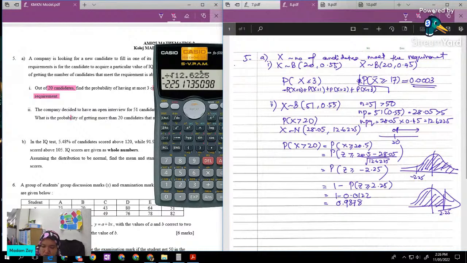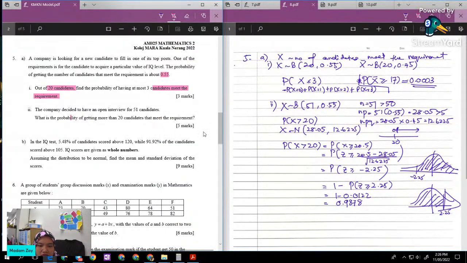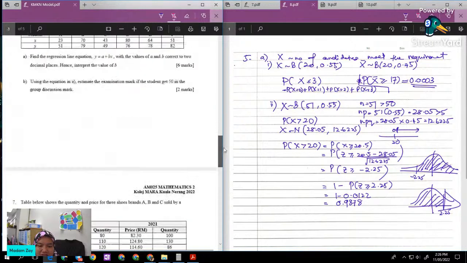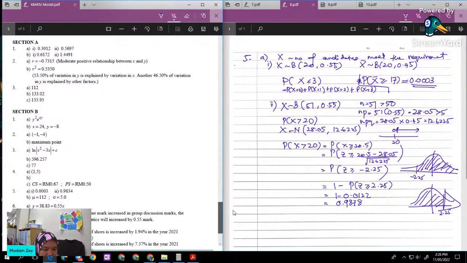Anda yakin ke betul jawapan dia ni? Okay, good job. Tapi kat belakang ni dia bagi 0.89834.